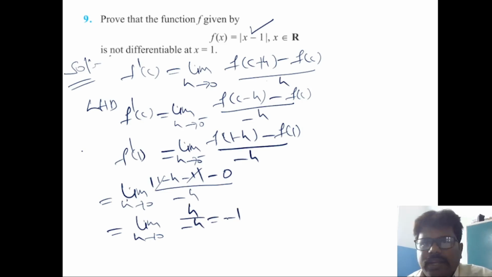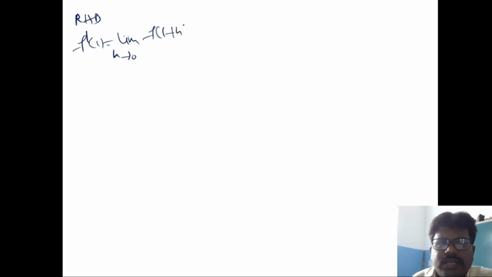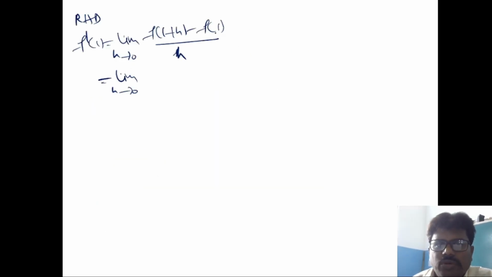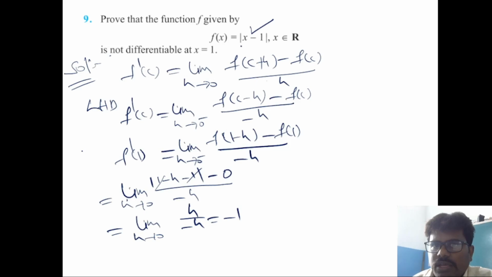And now we'll find the right hand derivative. So the right hand derivative f dash of 1 is limit h tends to 0 plus, f of 1 plus h minus f of 1 divided by plus h. Now as we have f of x is equal to modulus of x minus 1, to know f of 1 plus h value, in place of x substitute 1 plus h.